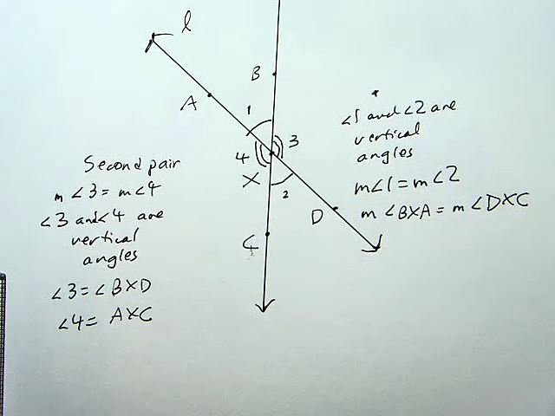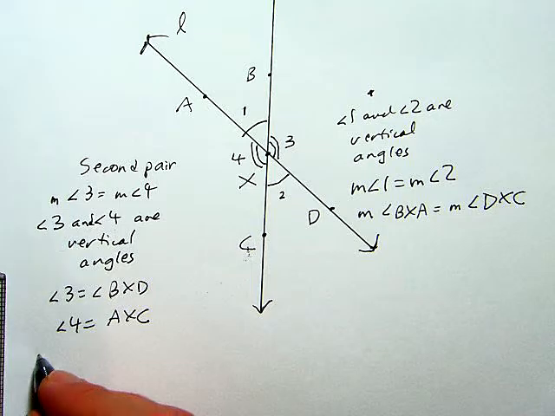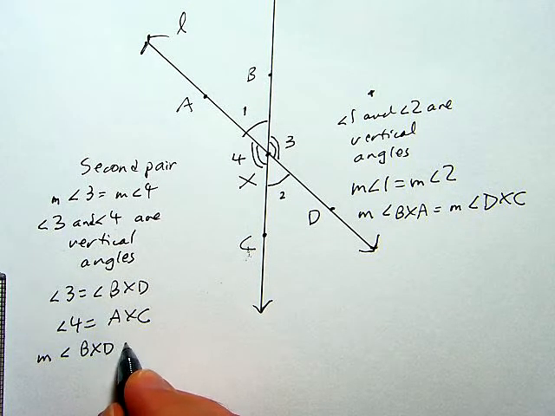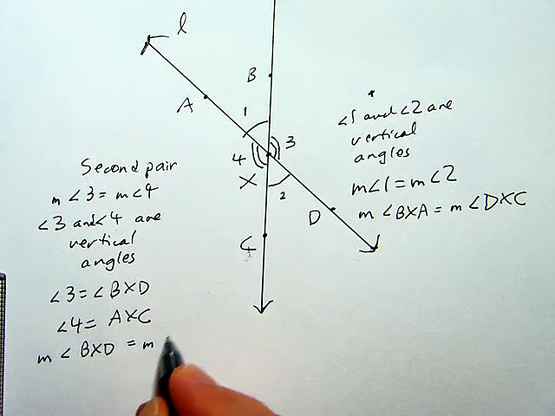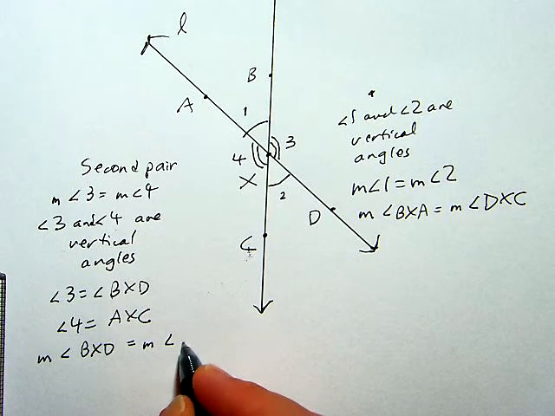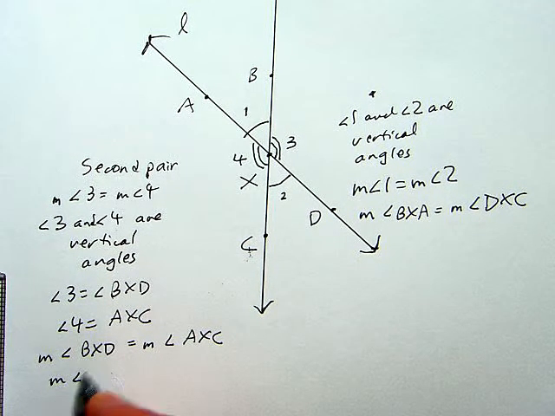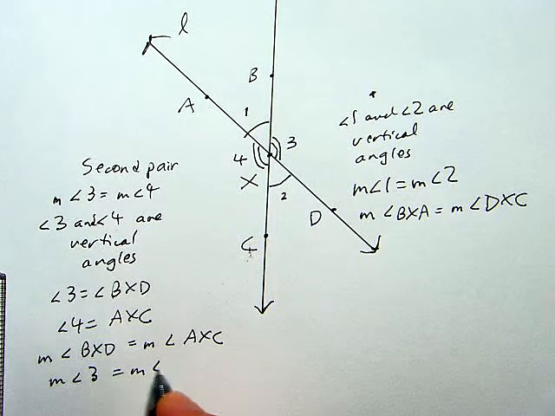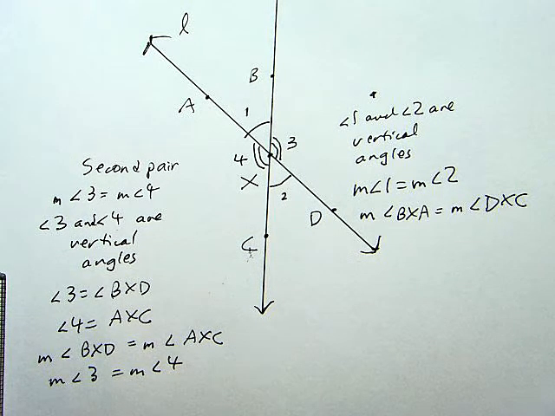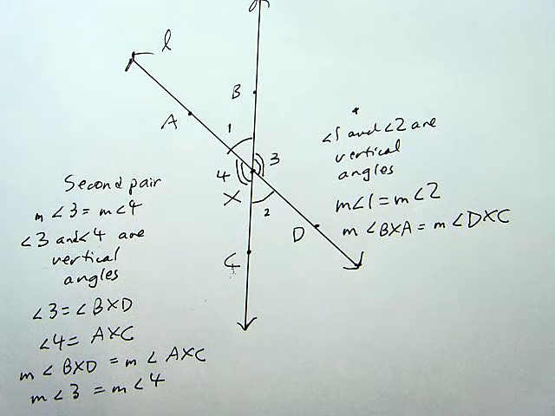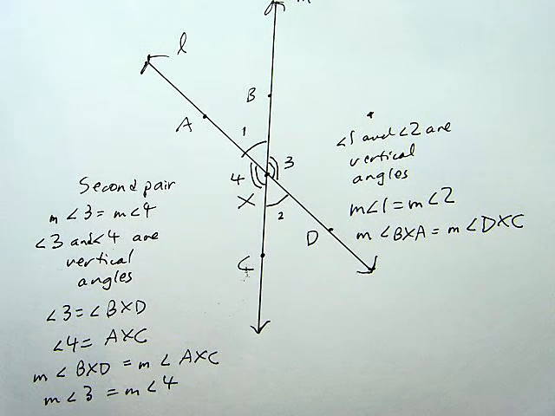And what we're saying then is that the measure of angle BXD is equal to the measure of angle AXC, which is the same thing as saying the measure of angle 3 is equal to the measure of angle 4. Okay, I hope this review may have clarified a couple of things about complementary, supplementary, and vertical angles.